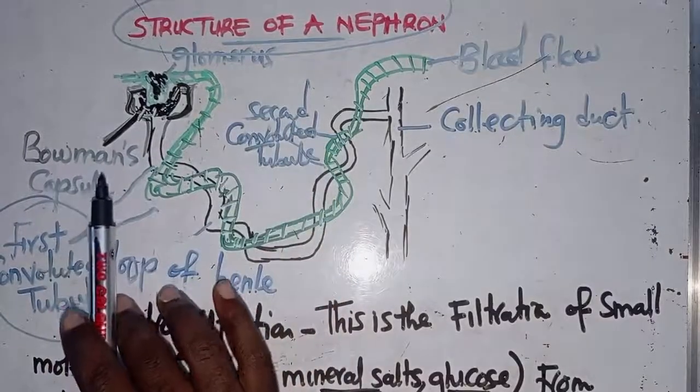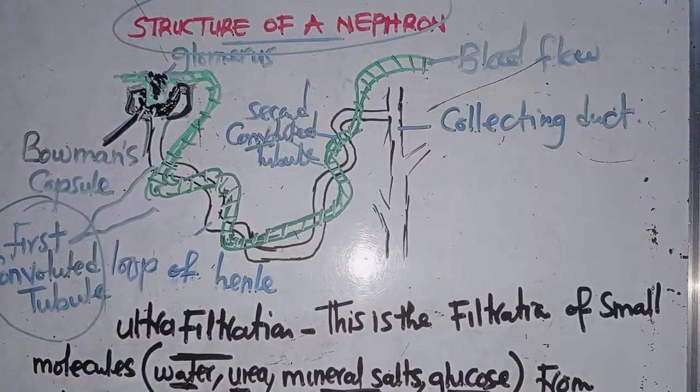So from the glomerulus they go into the Bowman's capsule. You now discover that the blood that comes from the arteries is at high pressure, because this is the flow from the arteries.